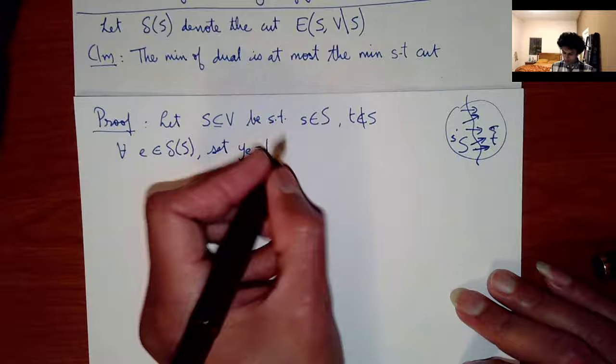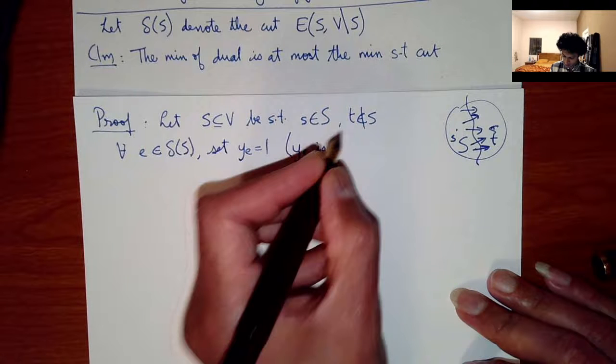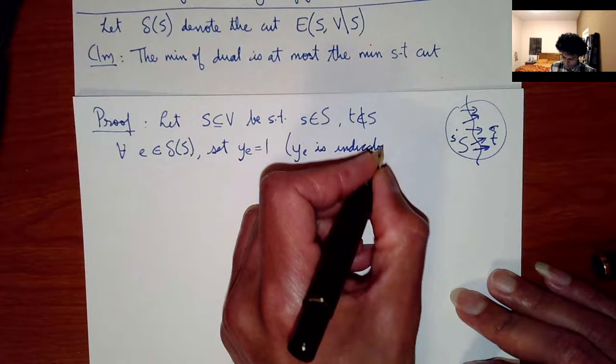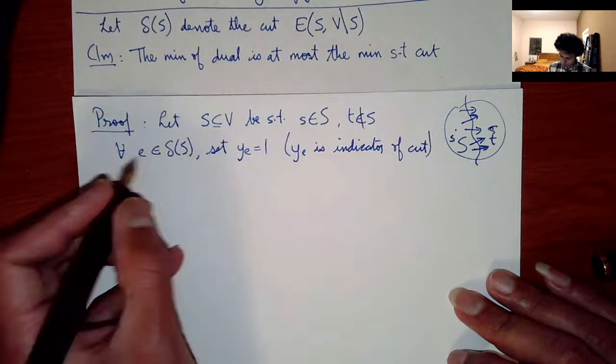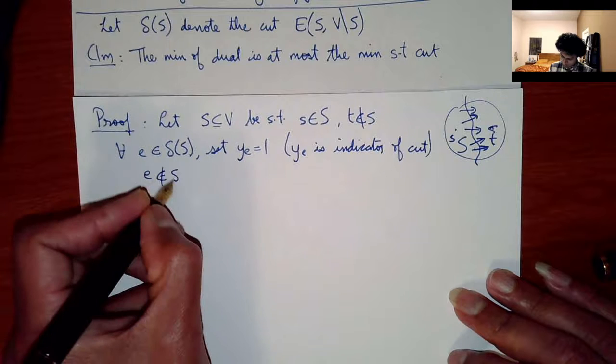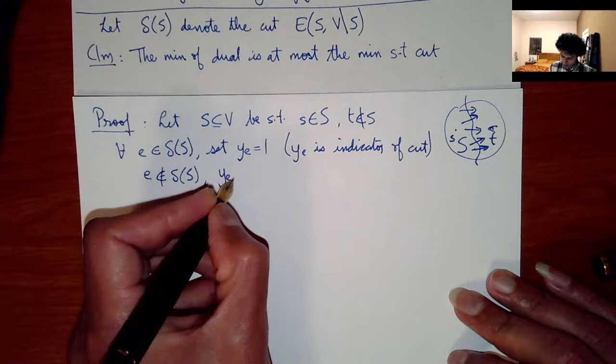So y_e is the indicator for the cut. And if e is not in this set, you just set y_e equal to 0.